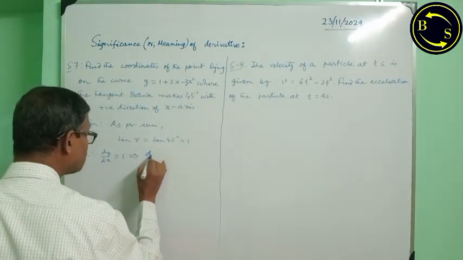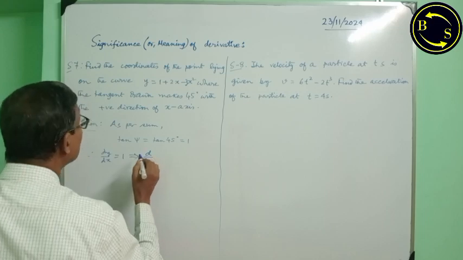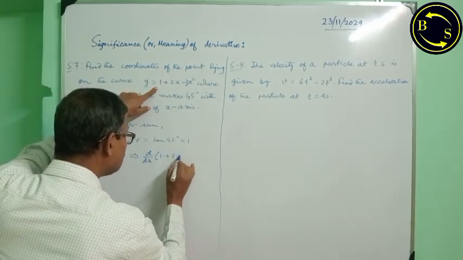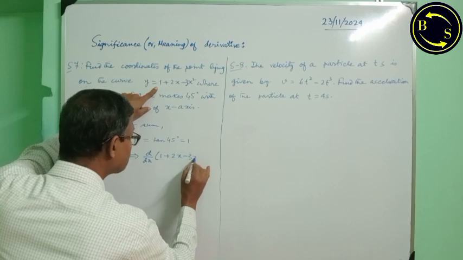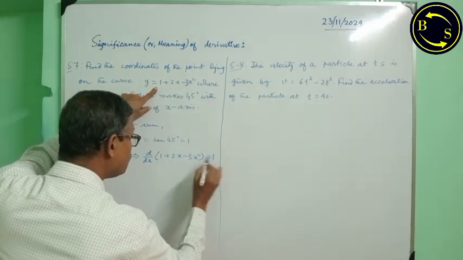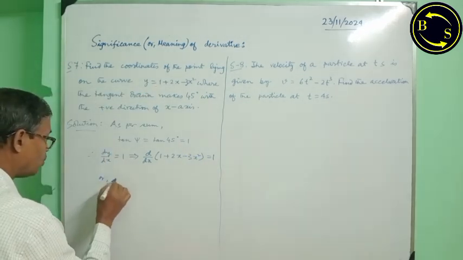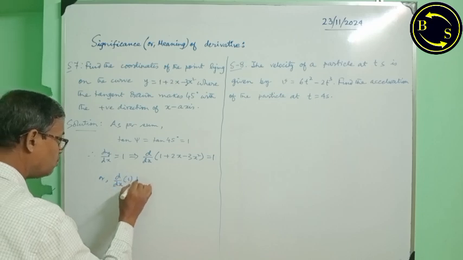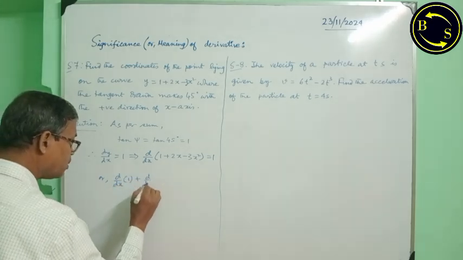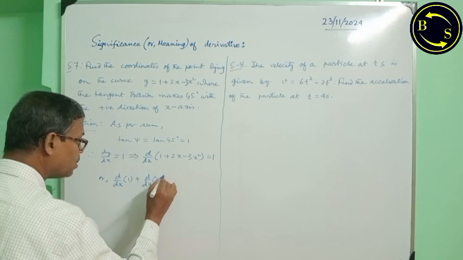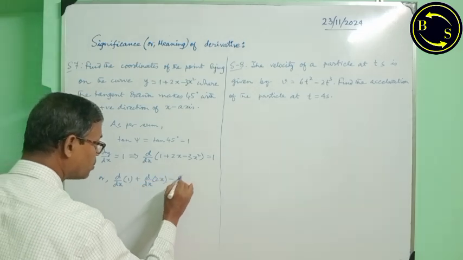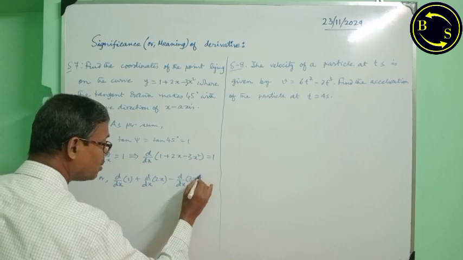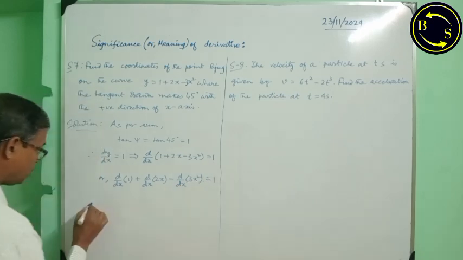dy dx, that means d dx of this one, 1 plus 2x minus 3x square, is equal to 1, or d dx 1 plus d dx 2x minus d dx 3x square is equal to 1.